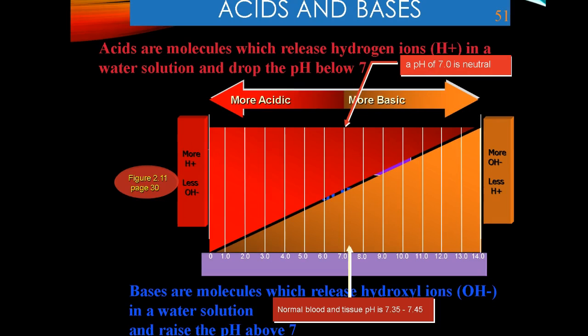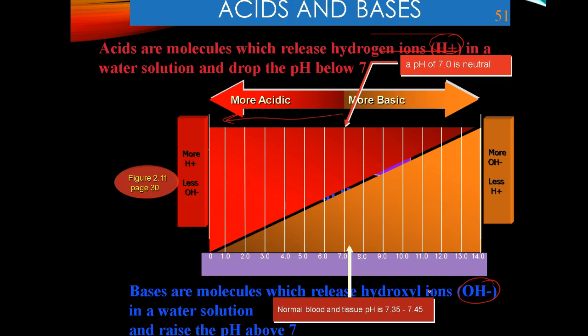So again, acids are molecules which release hydrogen ions in a water solution and drop the pH below 7. So you can see here, below 7. Now, what are bases? We know that bases are molecules which release hydroxyl ions in a water solution and raise the pH above 7.